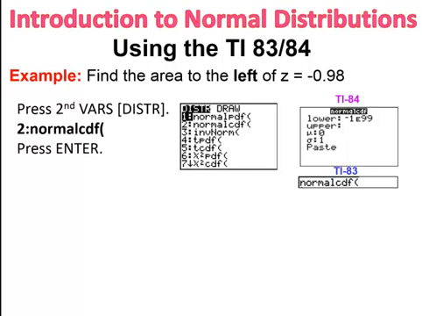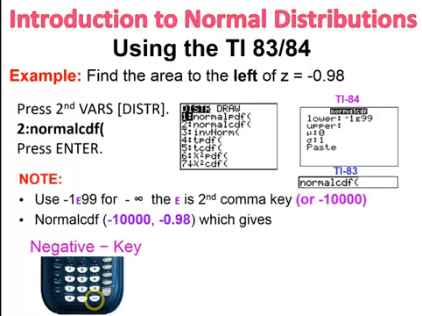And then your upper value would be the z-score that you're looking up. So in this case would be a -0.98.